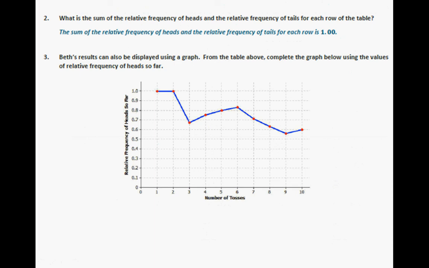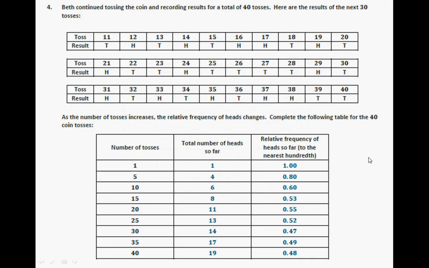All right, for part 2, the sum of the relative frequency of heads and the relative frequency of tails for each row is also 1. And if we were to graph this, your graph would look like this. Then Beth continues tossing the coin and recording the results for 40 tosses.